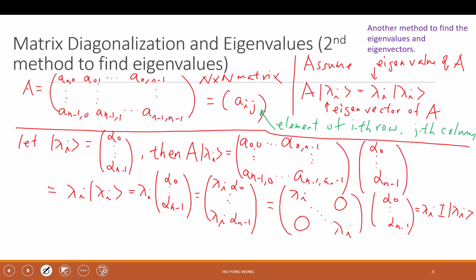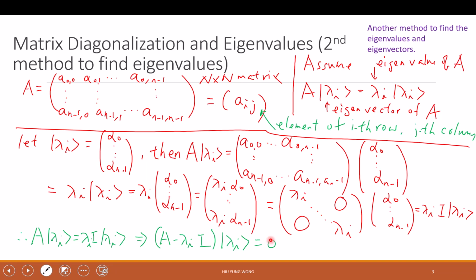So basically, what I'm trying to say is A times lambda I equals lambda I times the identity matrix times lambda I, right? This is just the identity matrix. Which means A minus lambda I times the identity matrix, times lambda I vector, equals 0.